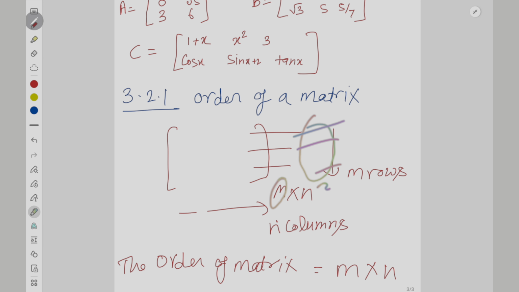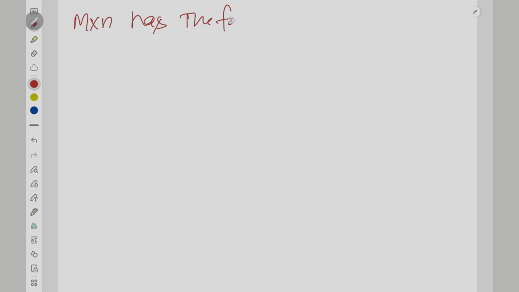The order of the matrix is m cross n. This is a simple formula. And the NCERT formula is: an m cross n matrix has the following rectangular array.